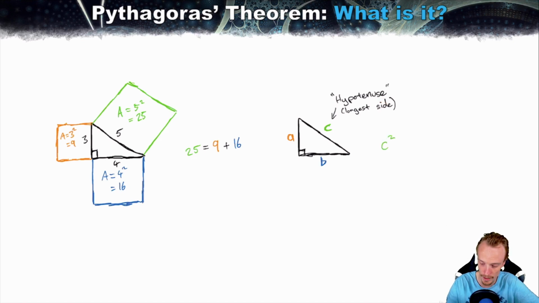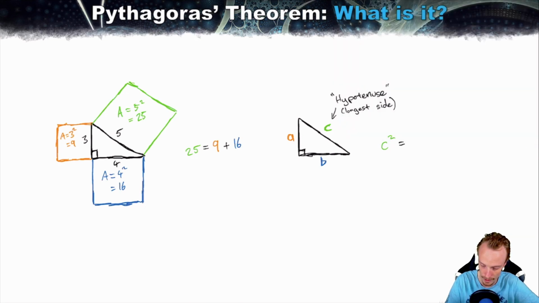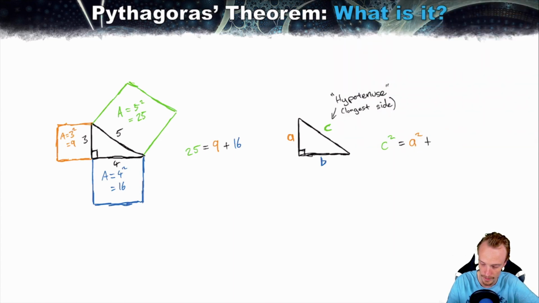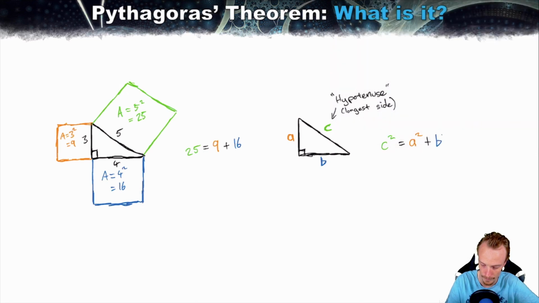It should be equal to the area of the two shorter sides squared and added together. So that'll be A squared plus B squared. And that, in essence, is what Pythagoras' Theorem is: this formula just in here.